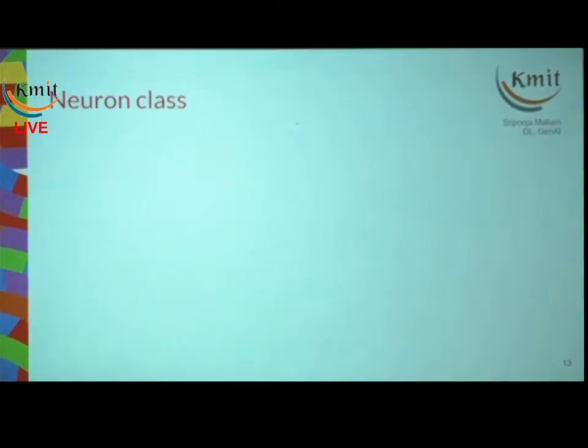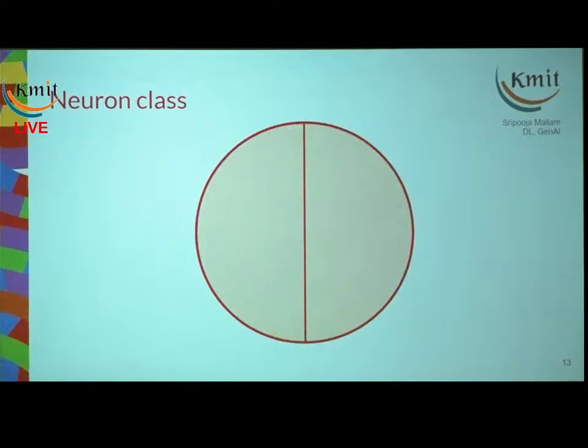Now to give you a visual understanding so that it's easy, you can think of this as a Neuron class where the left part of the hemisphere or the right part of the hemisphere has the sum of Wx plus B and then it has an activation. You can think of the Neuron class this way. So where is your value class? The value class is going to be like a helper class to deal with the operations, that is addition, the forward pass, accumulation of the gradients, etc. So that's being dealt with by the value class.